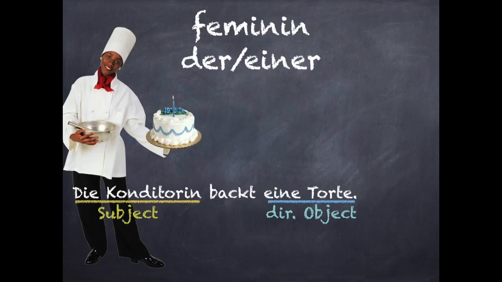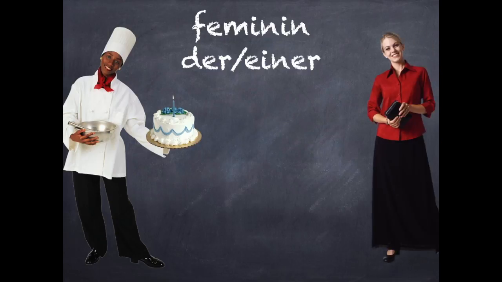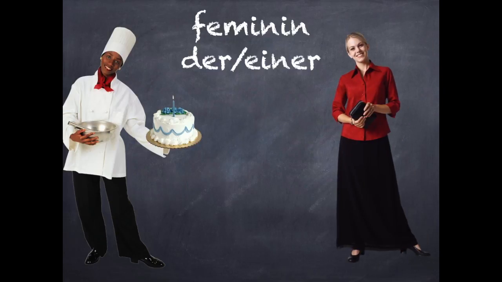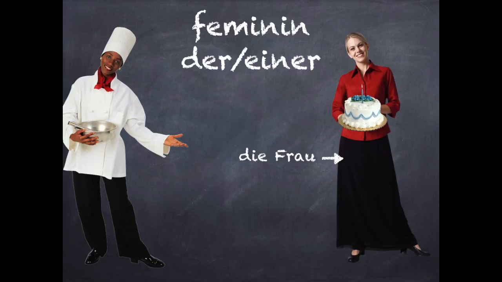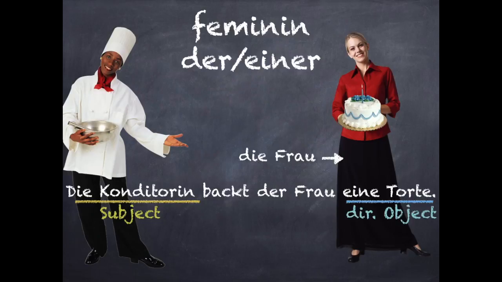But we throw in another object, the indirect object here, and we see that that's another woman, eine Frau or die Frau. And the pastry chef made the cake for this woman. So die Konditorin backt der Frau eine Torte. Die Konditorin remains as the subject, and eine Torte remains as the direct object, and der Frau becomes the indirect object.